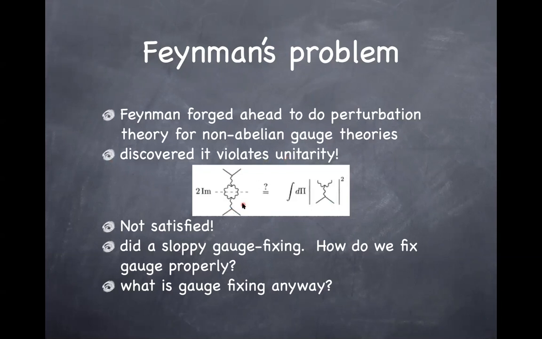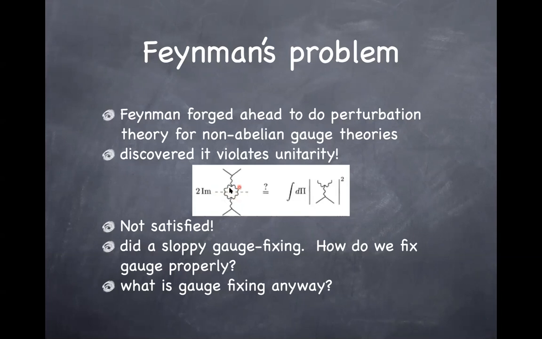Unitarity tells you, this is the optical theorem in quantum mechanics, that the imaginary part of the scattering amplitude in the forward direction is supposed to give you the total cross-section. From the point of view of Feynman diagrams, what that means is that if we have a Feynman diagram like this one, taking the imaginary part is actually taking this i epsilon prescription for the loop integral, which cuts this diagram in halves and opens this up so that this internal line becomes an external line.